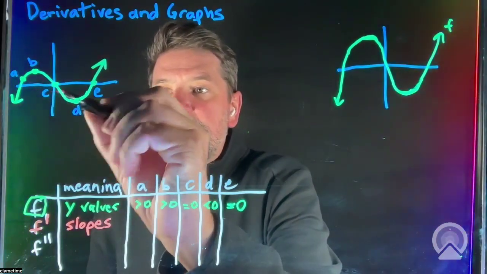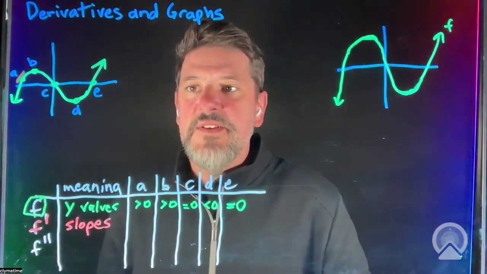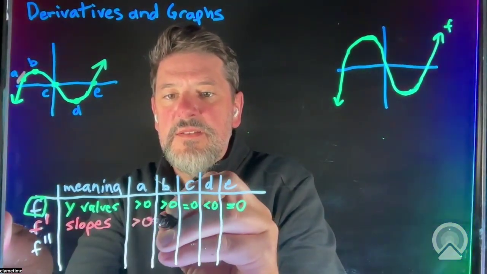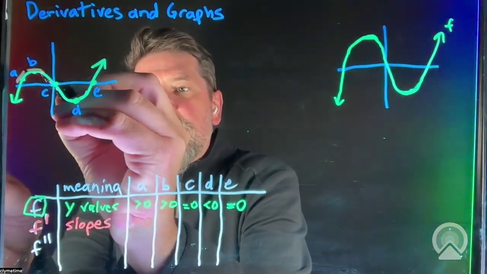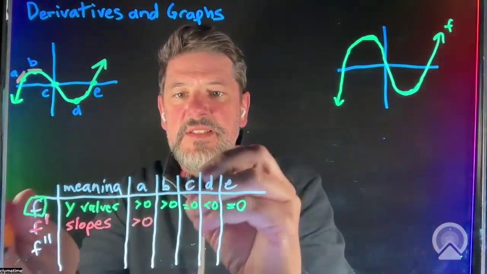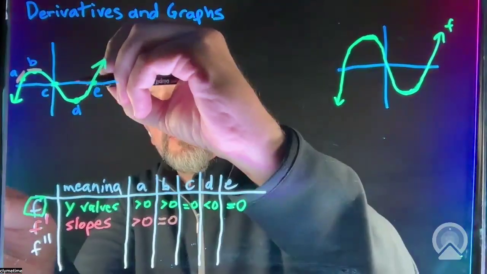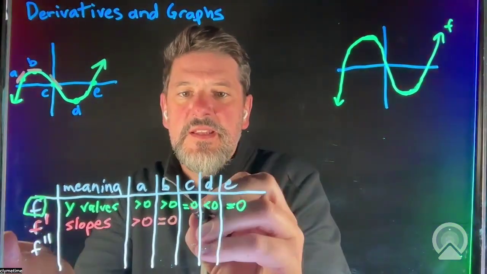So I look at A, the slope here is going to be positive because it's going up. I'm reading left to right, it's going to be positive, so it's greater than 0. At B, the slope is flat. So that means it's equal to 0. At C, we're going downhill, and that makes the slope negative.